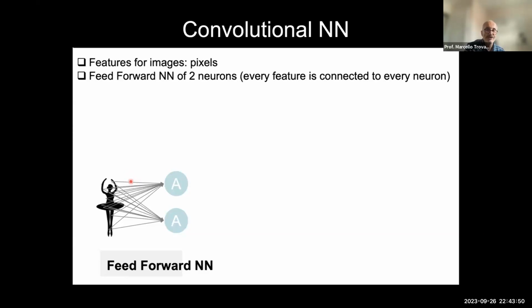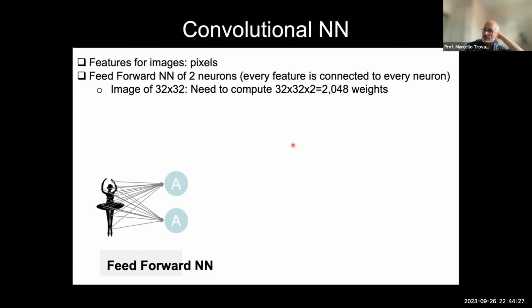This weight will need to be trained, will need to change accordingly, so that when we have a picture, the neural network will identify whether that is a ballerina or a basketball player. But if we do some simple arithmetic, if we have an image of 32 by 32 pixels, which is quite small, we need to compute in total over 2,000 weights, which is not a massive number, especially when it comes to computers, but still, it's not negligible.